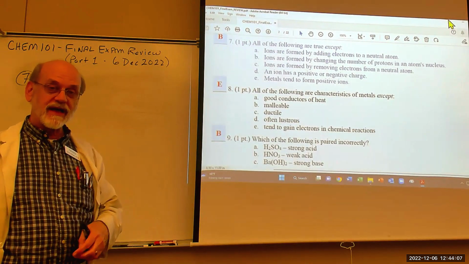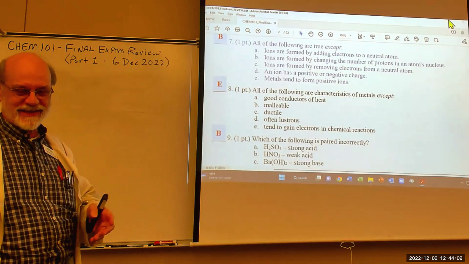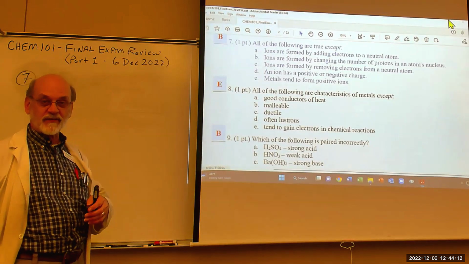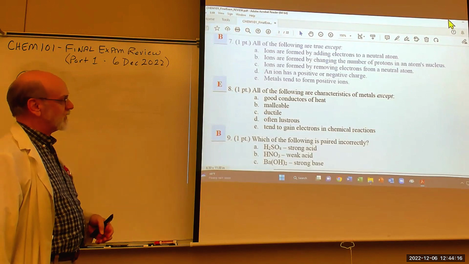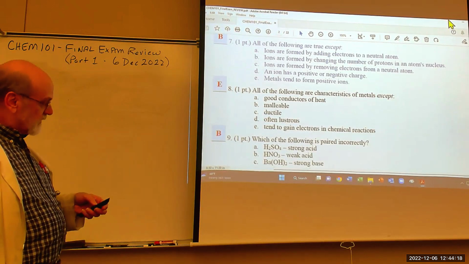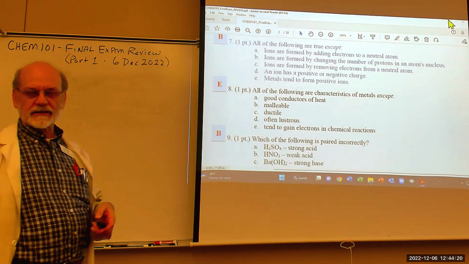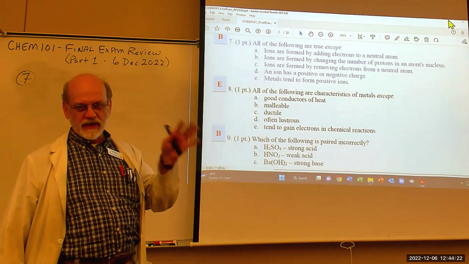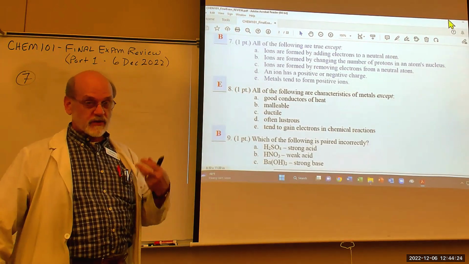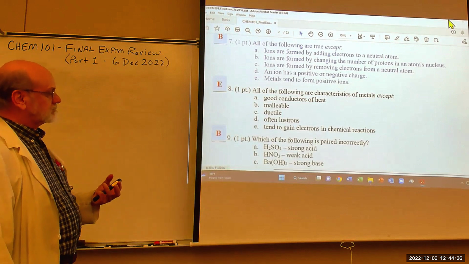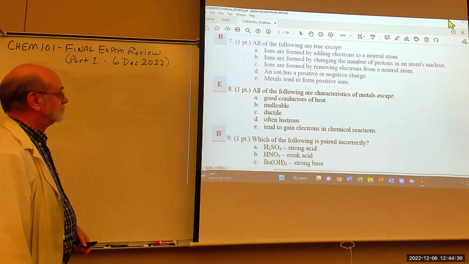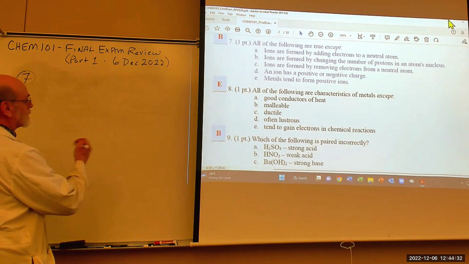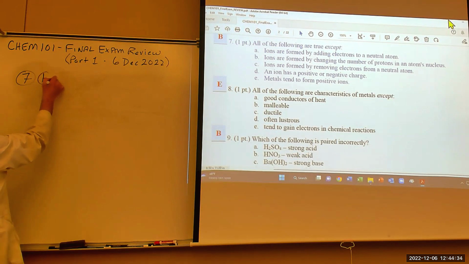You may form an ion of a different element, but you won't form an ion of the element you started with. So B is false, and we found our answer. And since there are no oddballs in there, like none of the above, 2 of the above, and all that stuff, once you find your answer, you can stop. So B is the false one here.